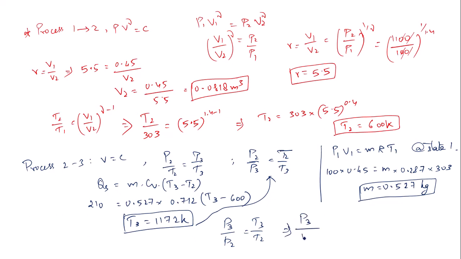P2 is going to be 1100, which is equal to T3 172 divided by T2, which we have estimated to be 600. If I simplify, I'll get the pressure 3 value to be 2148 kilopascal.